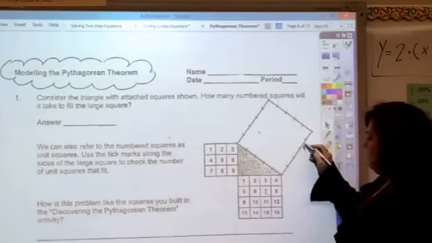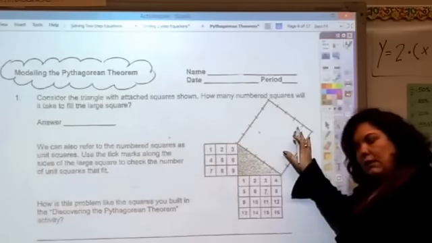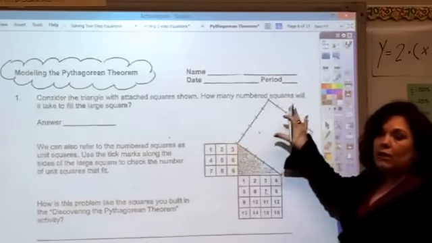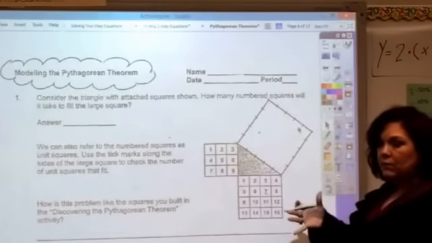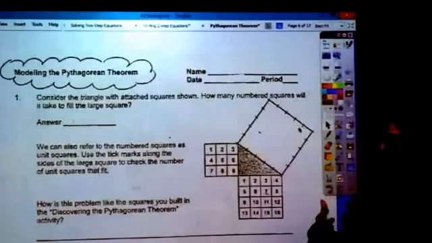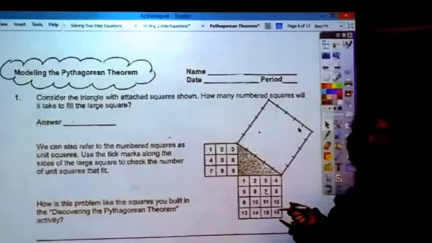It's 1, 2, 3, 4, 5. 5 times 5, which is 25. Now the interesting thing is if you add 16 and 9, you get 25. So this was unheard of, that this would stay the same and happen every time you had a right triangle. And that's why it's called a theorem.